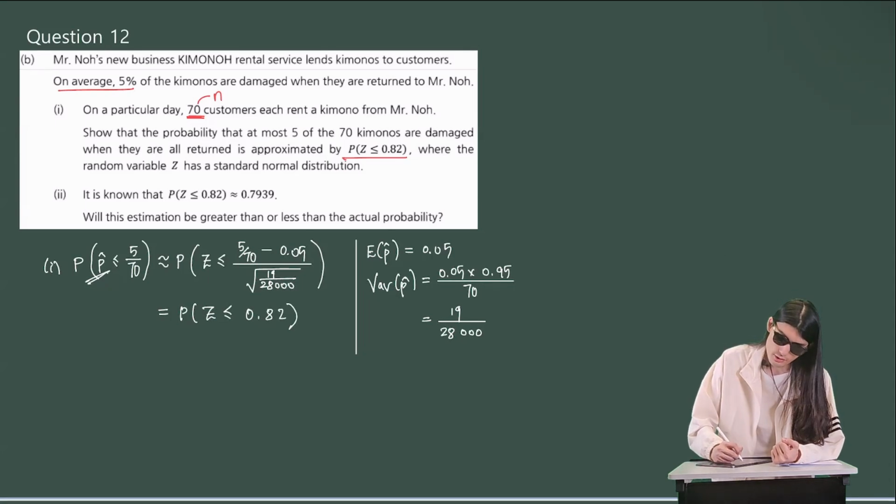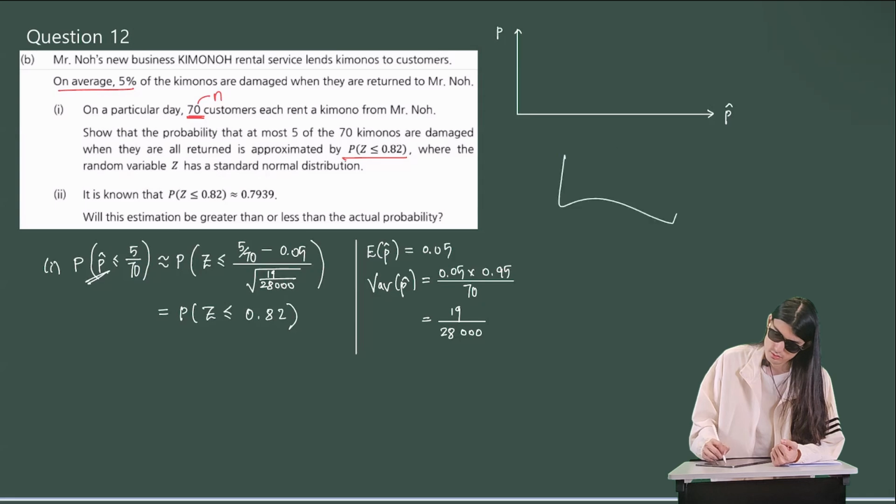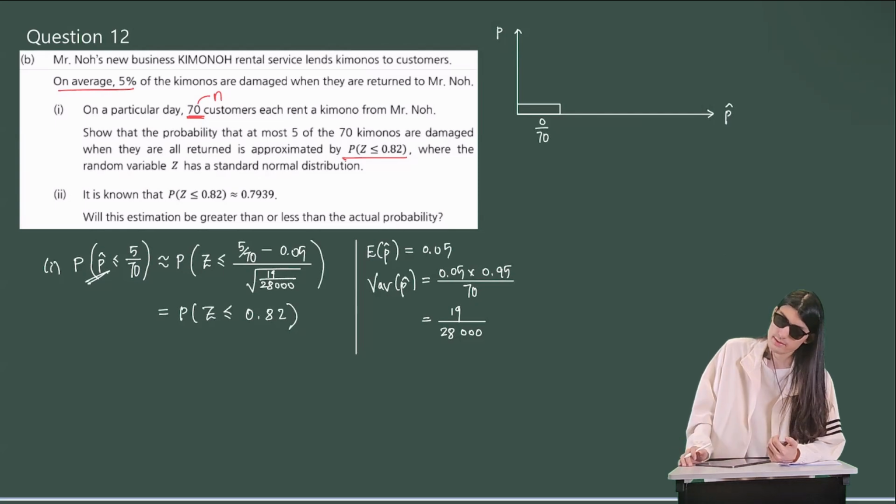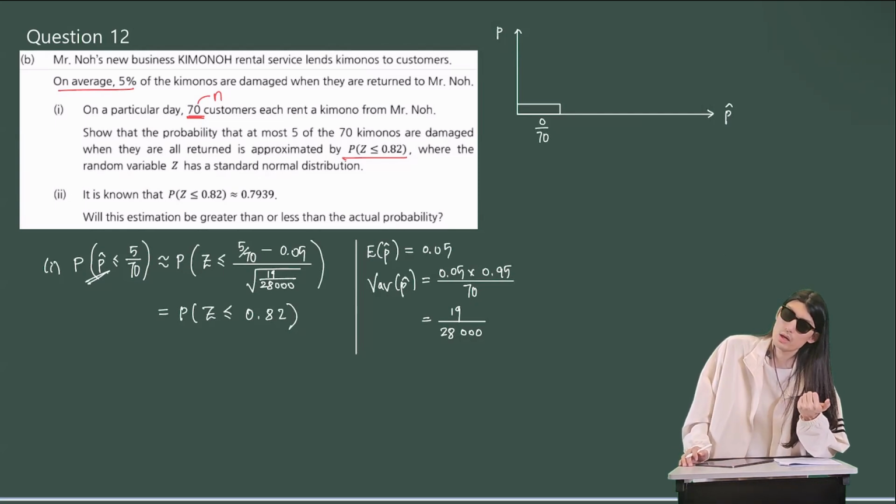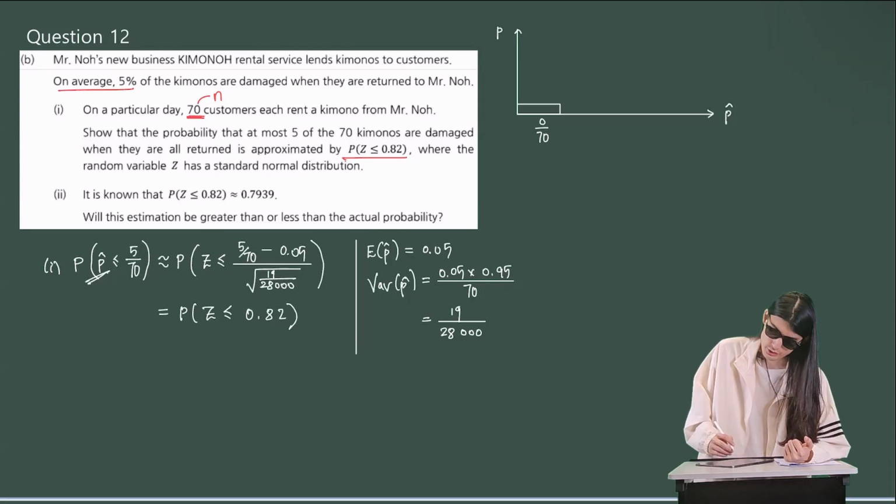So if you consider the actual distribution of probabilities, you have p hat down here, and the actual probabilities of each p hat value. That should start from 0 on 70, which represents the case when the kimonos are returned but none of them are damaged.